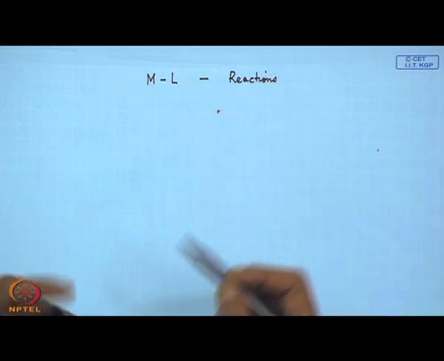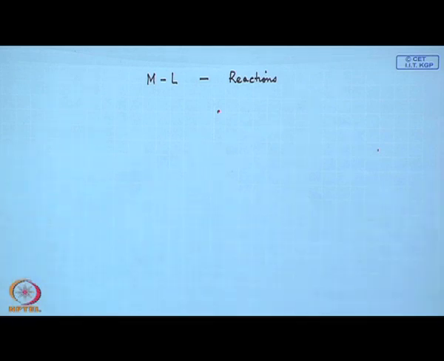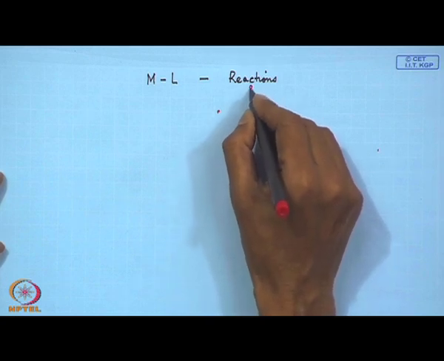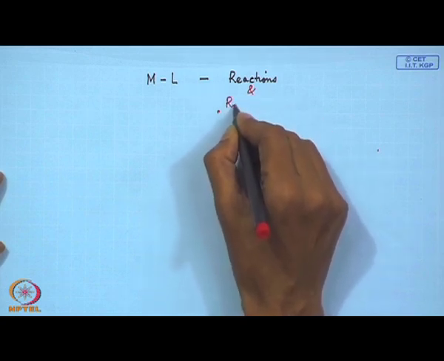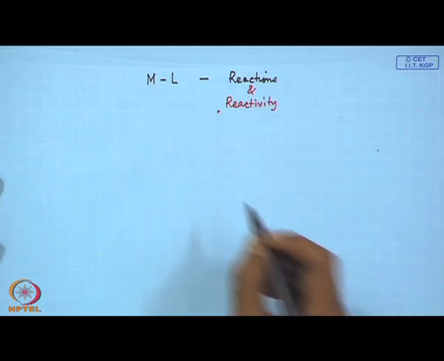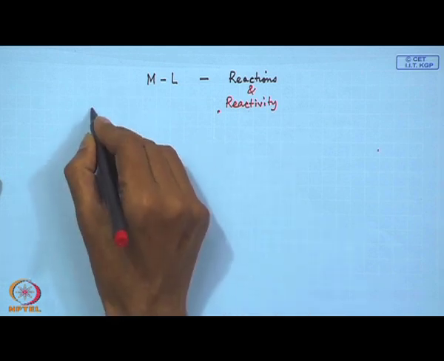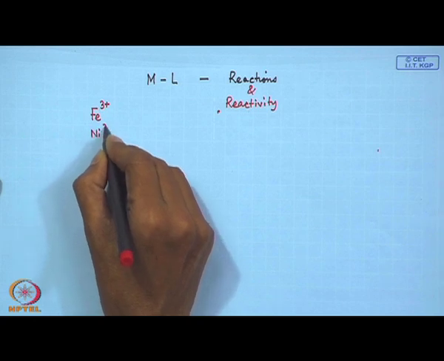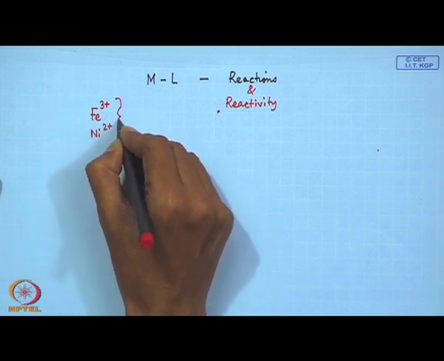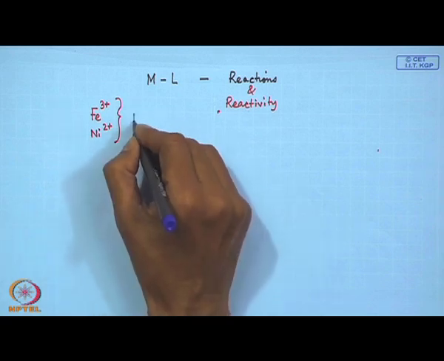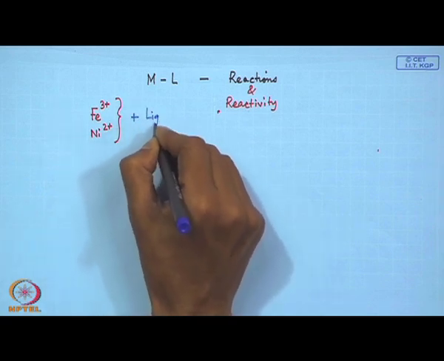So, the nature of reactions, we can also talk about all these things in terms of not only the reactions, but the reactivity as well, because if we have certain metal ions, say Fe3 plus or Ni2 plus, and in a broader sense we will see how these can react with the different types of ligands.